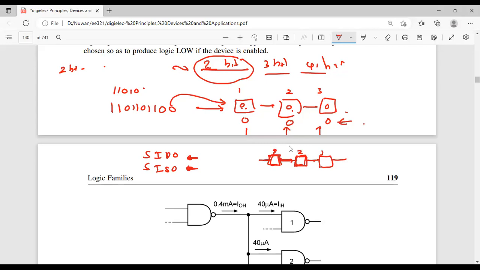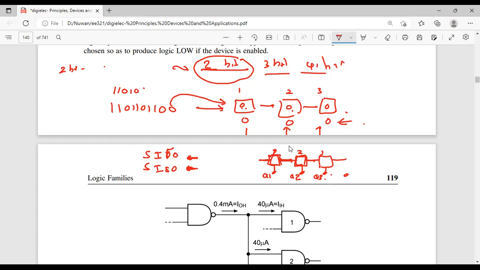If I tell you it is parallel output, that means this is Q1, the first flip-flop's output, this is the second flip-flop's output, and this is the third flip-flop's output. You get the outputs of the first, second and third flip-flops in parallel. All bits are parallel.